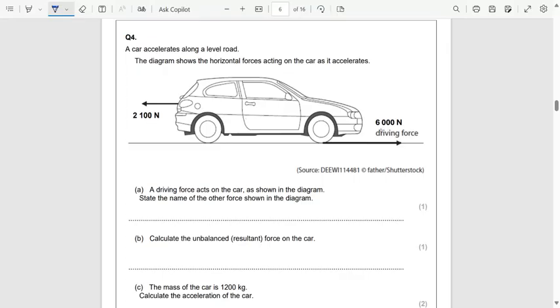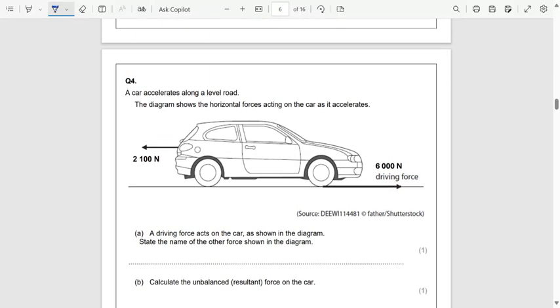If they are not equal, it means there will be an acceleration. Okay? So the car accelerates. That's because the forces are not equal, which means we have a resultant force or a net force.